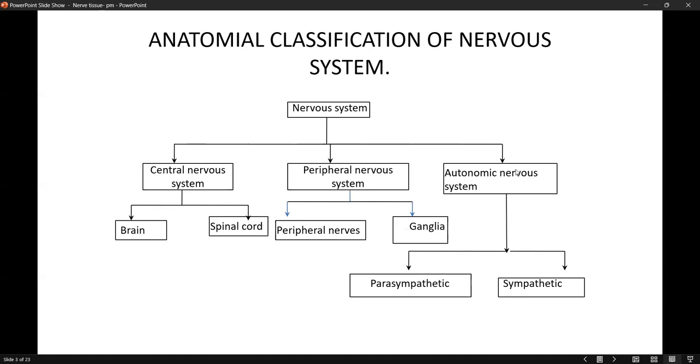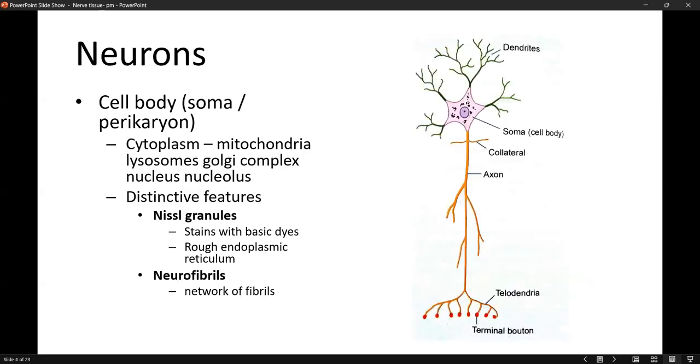And then there is the third type called the autonomic nervous system, which works together with the central and peripheral nervous system. But with regard to its function, it is divided into two types: parasympathetic and sympathetic. So these are the basic classification of the nervous system and its components.